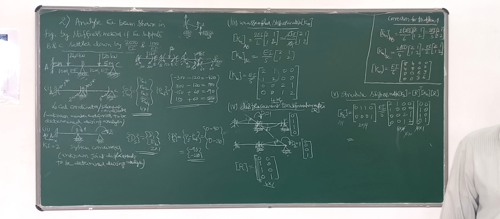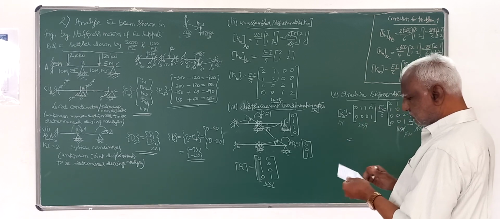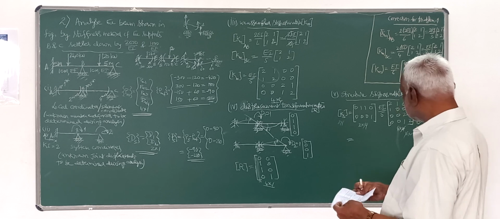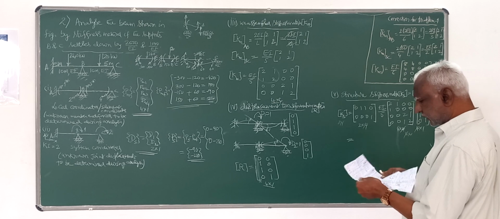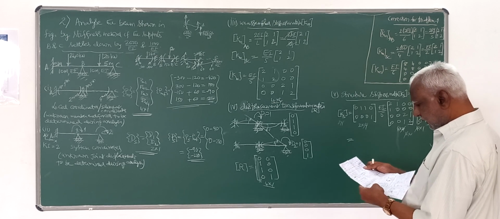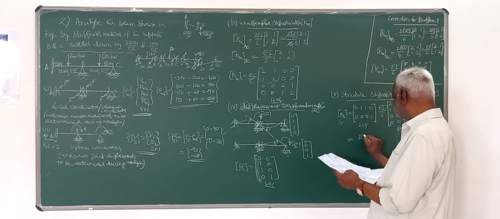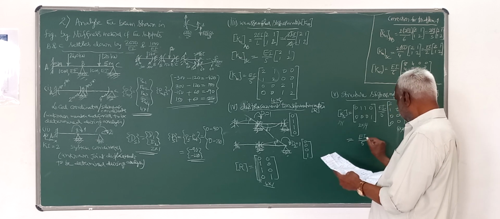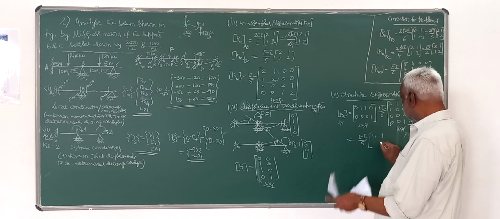So that matrix is given by, already I have the result. So I will straight away write the result. After multiplication of this, the result you are going to get here, the Ks value, is EI by 5 into 4, 1, 1, 2.